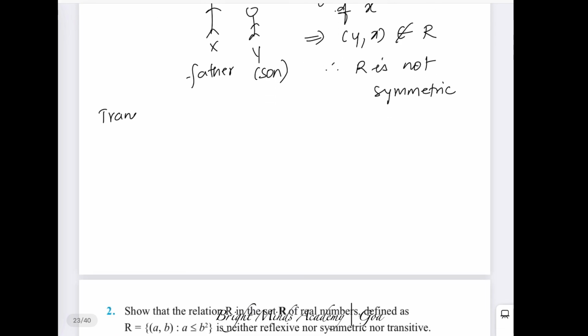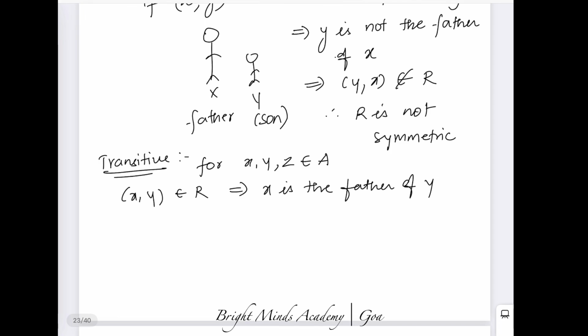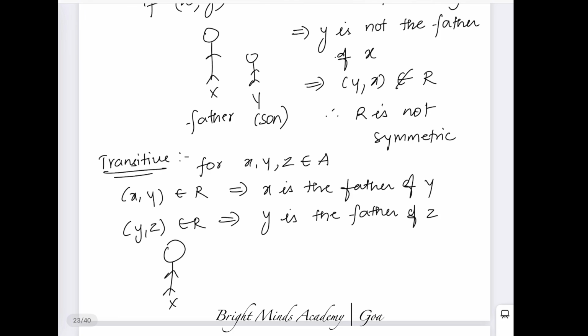Lastly, we'll check for transitive behavior. Now for X comma Y comma Z belonging to the set A, we'll assume X comma Y belongs to this relation R. Now this implies that X is the father of Y. Next we'll assume that Y comma Z belongs to the relation R. This assumes that Y is the father of Z. That means X is the father of Y, and Y is the father of Z, so X is going to be the grandfather.